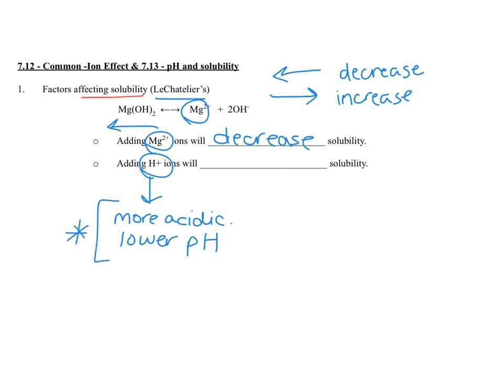So if we make the solution more acidic and we add hydrogen ions, remember from our Le Chatelier principle lesson that the hydrogen ions are going to react with hydroxide to take it away. And so that's going to cause the reaction to shift to the right and will increase the solubility.